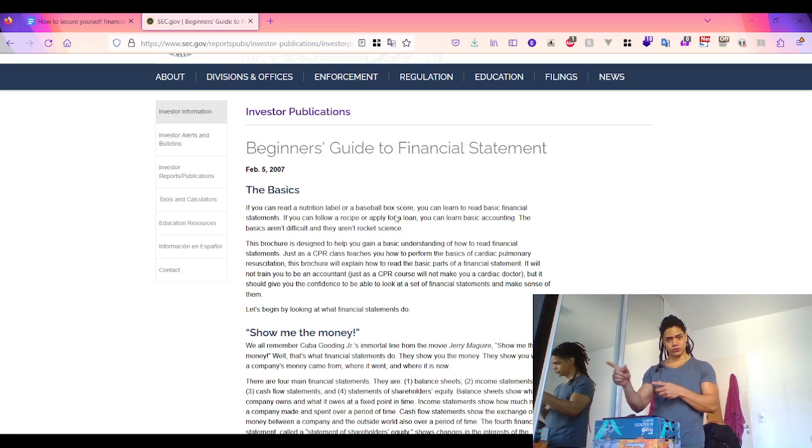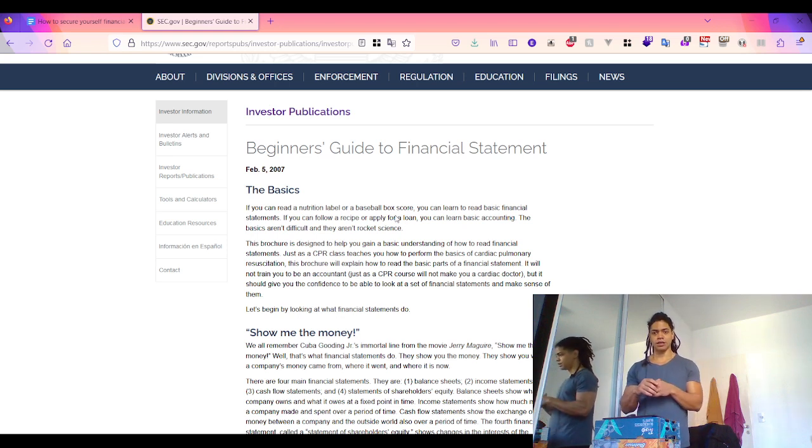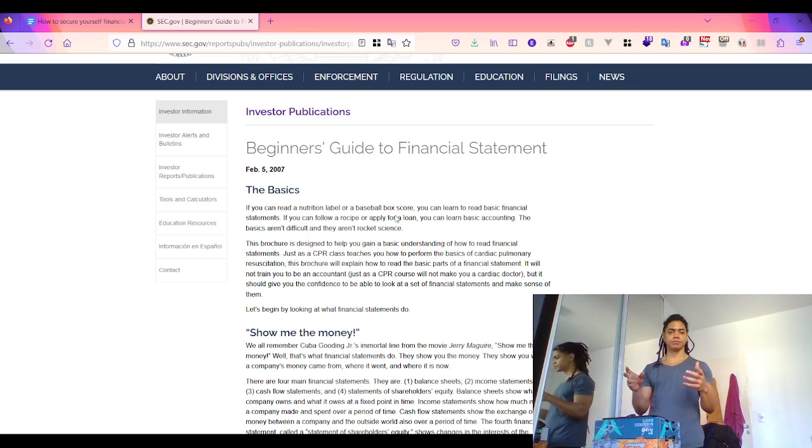Liabilities are obligations that a company has to pay off to its vendors, employees, or some other institutions or entities.